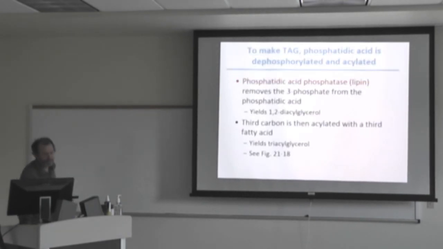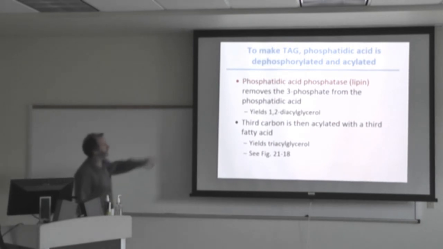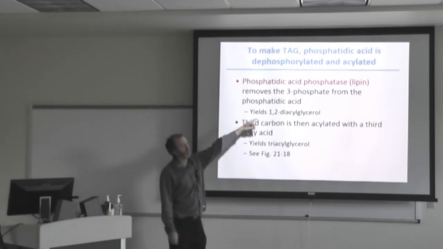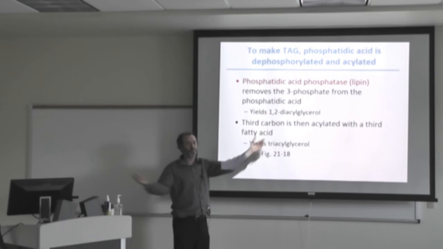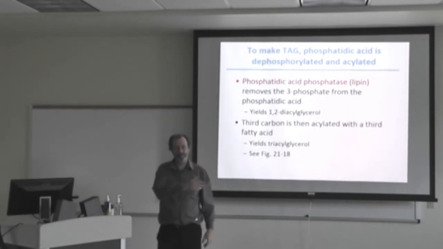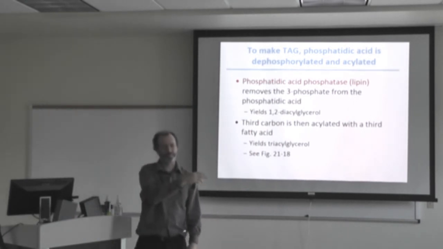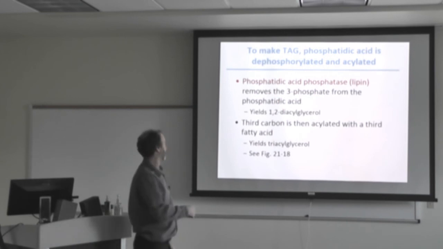So to make triacylglycerols, phosphatidic acid is dephosphorylated and then acylated, not acetylated. Phosphatidic acid phosphatase, again, phosphatases do what? Remove phosphate groups, right? Protein phosphatases remove phosphate groups from proteins for regulation.